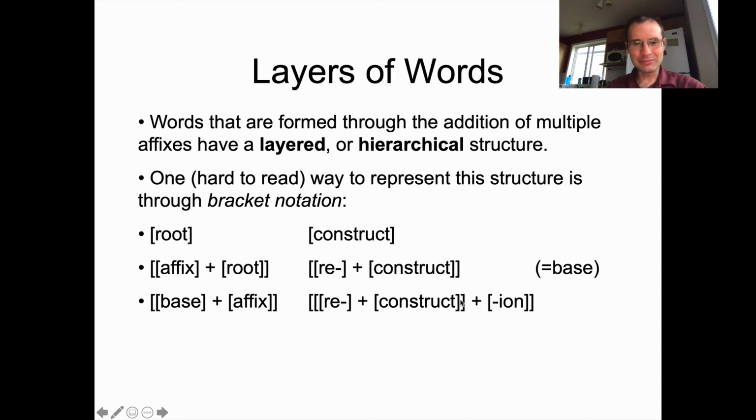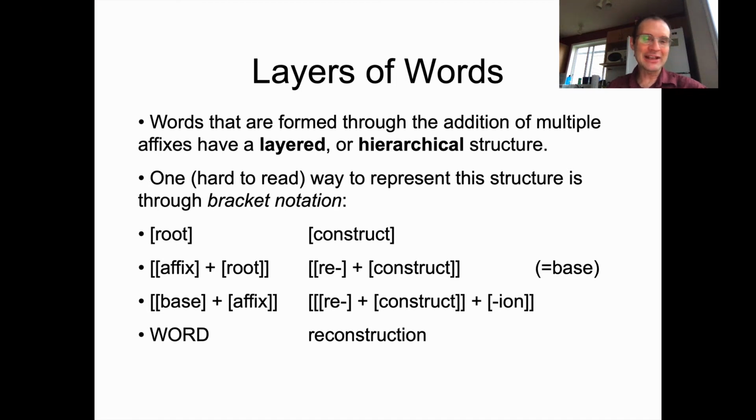A computer could pick it apart pretty easily, and this is how we submit instructions to a computer if you ever want to do that. Maybe not. But these brackets are more tightly bracketing this pair of morphemes, and then you add this one afterwards. So reconstruct becomes a base to which you add another affix. The output word is reconstruction.